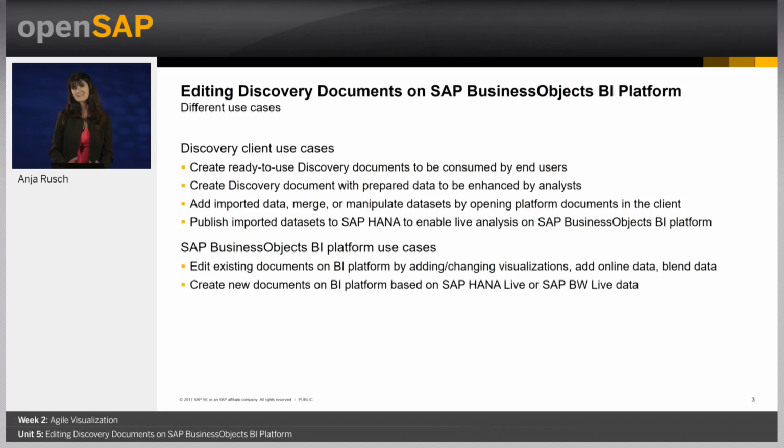So this would be a similar use case to the one we had before as a consumer, but now you have the edit rights to work with the document. And we can create new documents on the BI platform based on SAP HANA Live or SAP BW Live data. For this, you would not require the client.